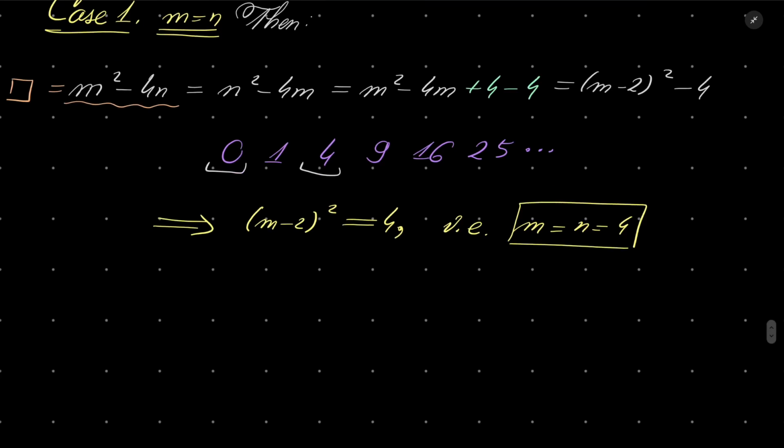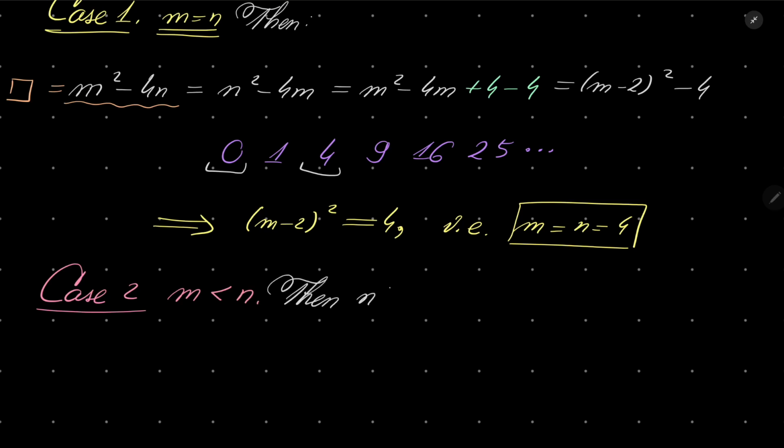Very well. Let's move on to our second case, case number 2, where m is strictly less than n. Notice that then definitely n is greater than or equal to 5. Why is that?